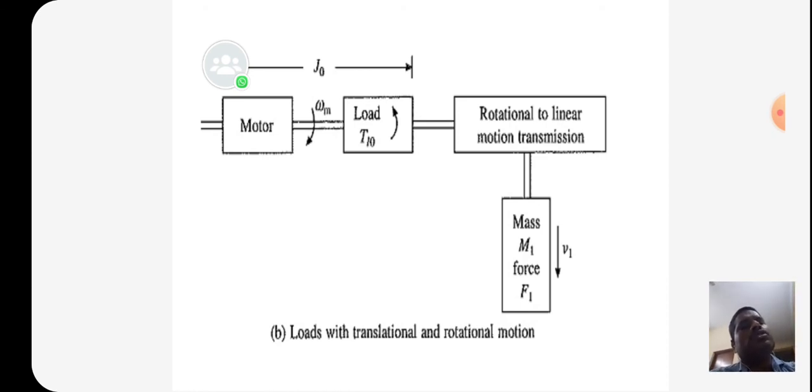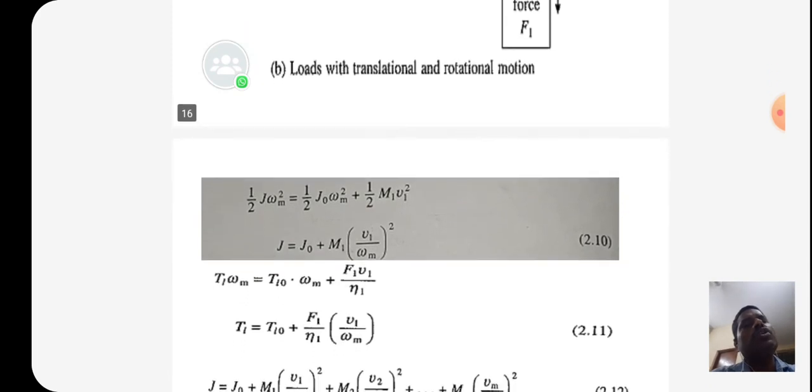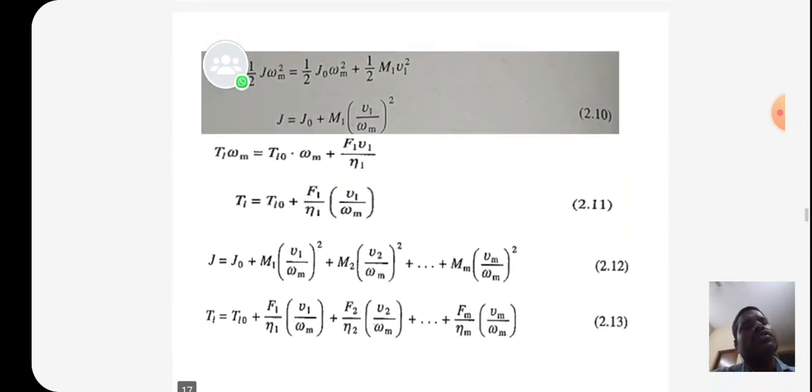Now the equivalent moment of inertia is calculated in this condition: half J omega m square is equal to half J0 omega m square plus 1 by 2 m1 v1 square, where m1 is the mass of the translational load, and v1 is the velocity.